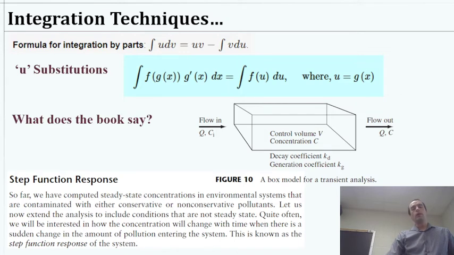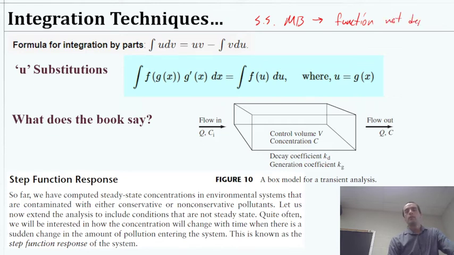So really, instead of a mass balance for a steady state, which was going to give us a function that was not dependent on time, anytime we have a non-steady state system, like a batch reactor, we have some time aspect, right?